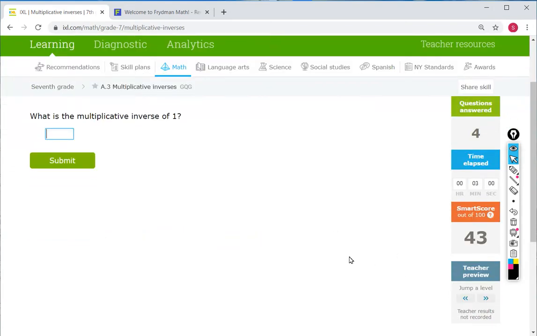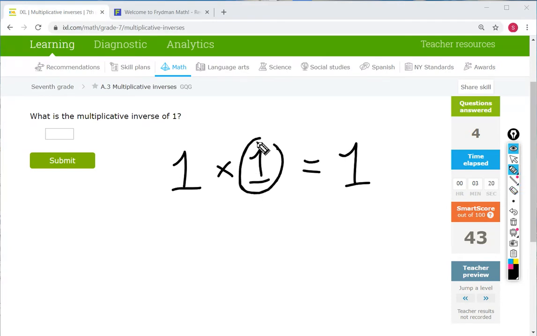Oh, what's the multiplicative inverse of 1? Okay, so this is asking us 1 times what is equal to 1. And the answer there is 1.